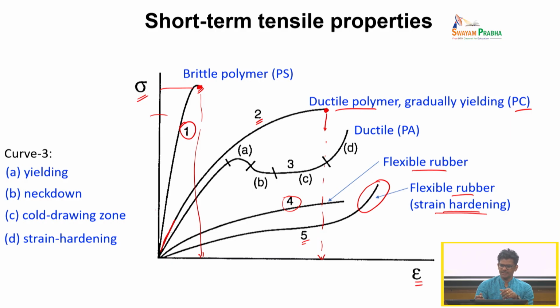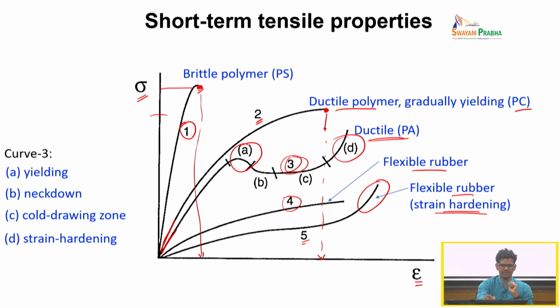Curve 3 is a more general case where you have all the regions. There is a linear region, a clear yield point, then a ductile region, and then strain hardening also. As a student you should be able to look at the shape of a stress strain curve and tell whether there is a yield point or not, whether strain hardening is present, to what extent the linear region extends, and where the elongation at break is.